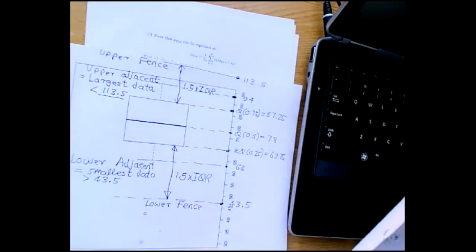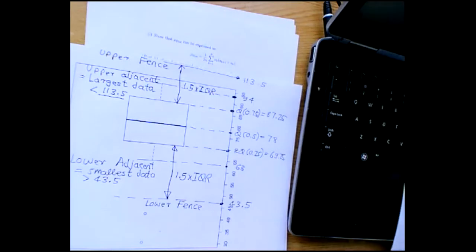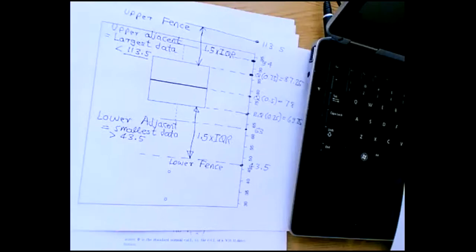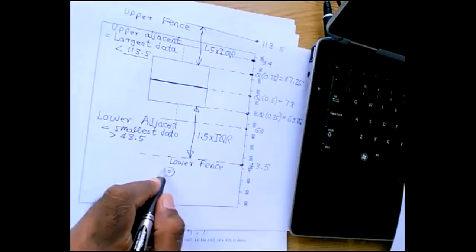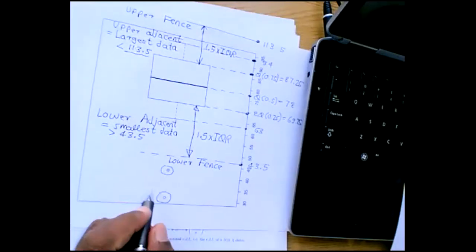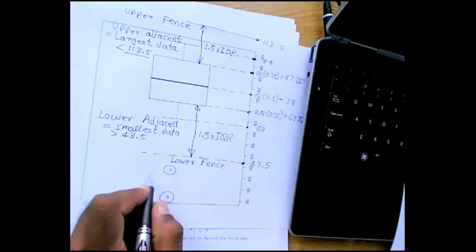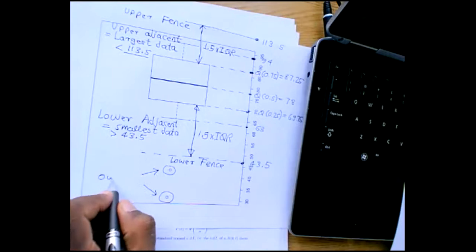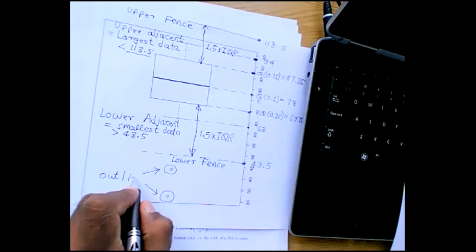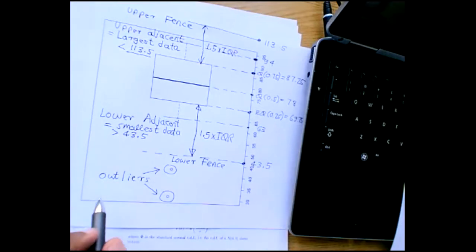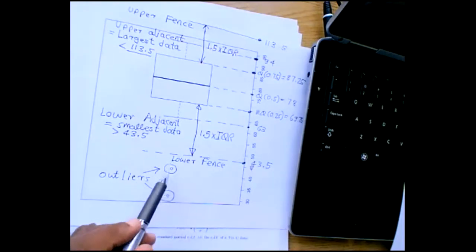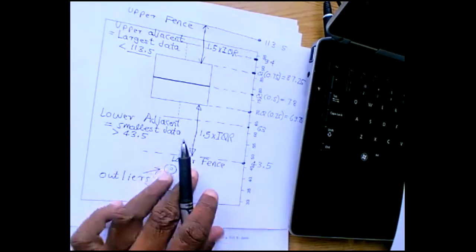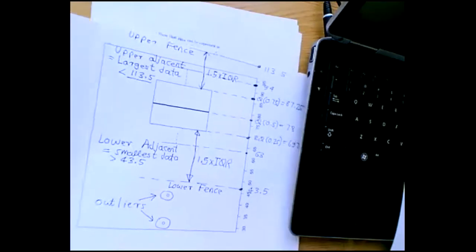Now, the next thing we need to do in question 5, so let me take this away. By the way, one thing I forgot to mention is that there are two data points here which are below the lower fence. So these two are outliers, because remember, anything that falls below the lower fence or above the upper fence is an outlier.